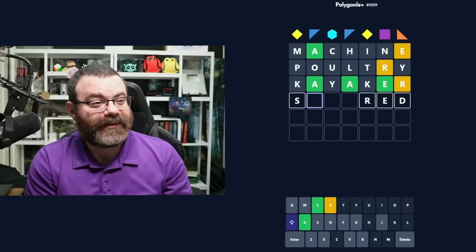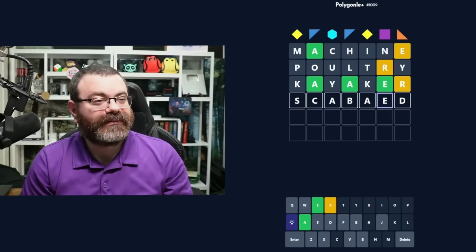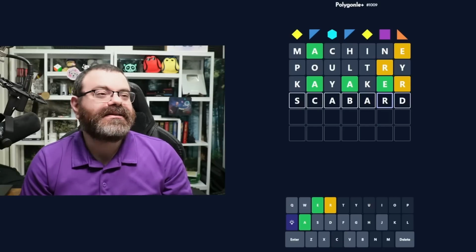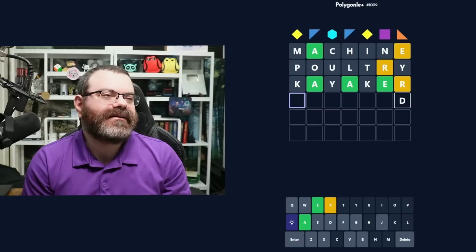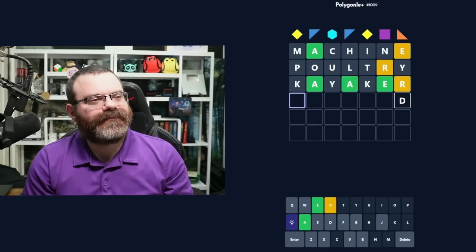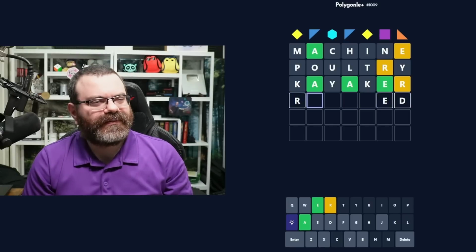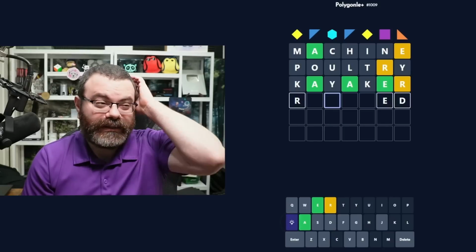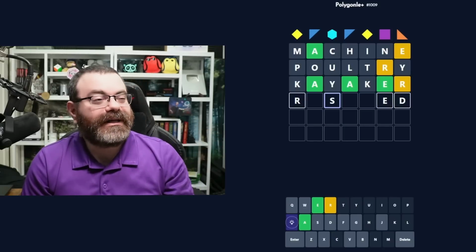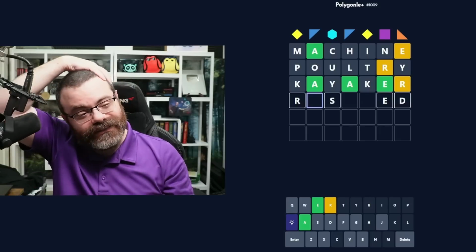is anything really? Scabbard. It doesn't use the R in a spot that I need it. I don't know. An S anywhere. I wonder if it's ES or ED.